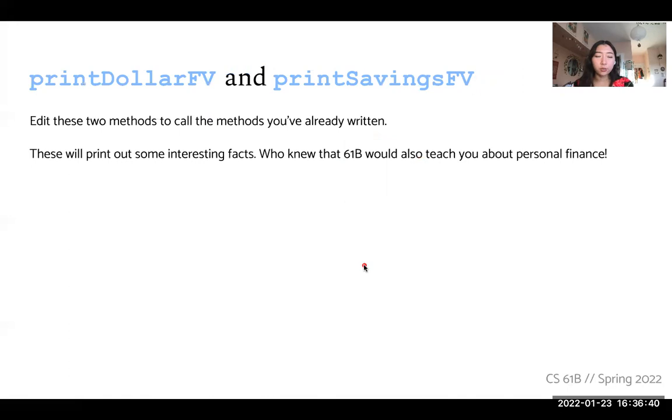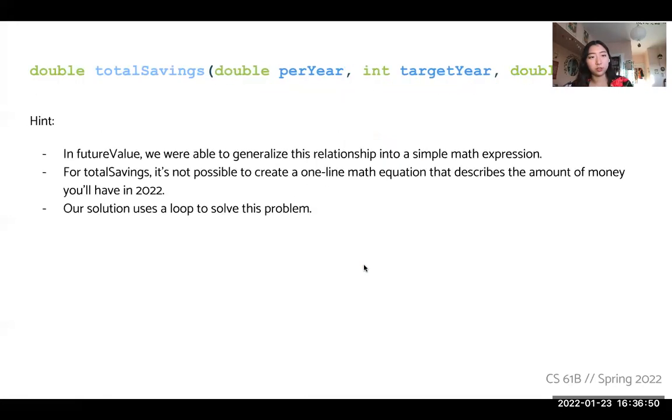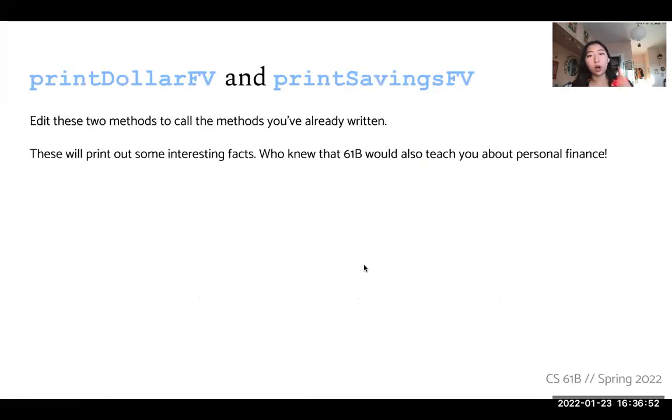Lastly, for compound interest, we have these two methods, print dollar future value and print savings future value. You just have to edit these two methods to call the methods you've already written, right? So you just call them from these and they're going to print out some interesting facts. So who knew that CS61B would also teach you about personal finance? I really don't know much, but I guess what I know is in this homework assignment.